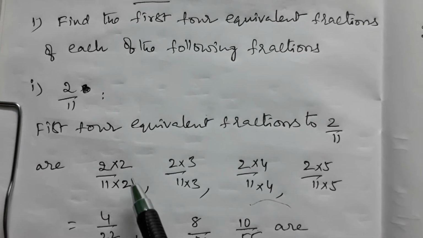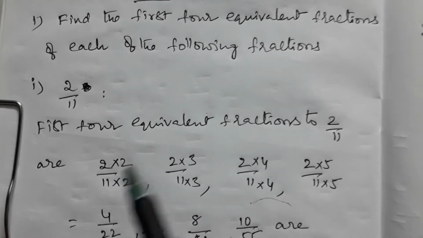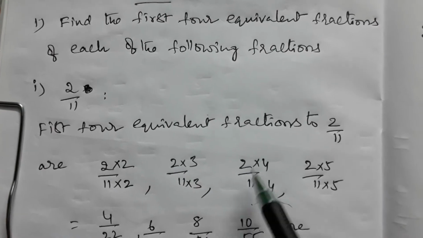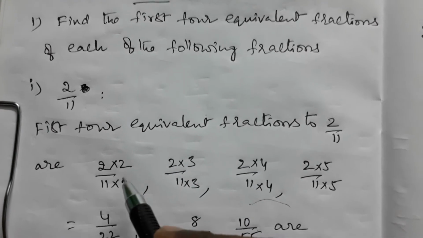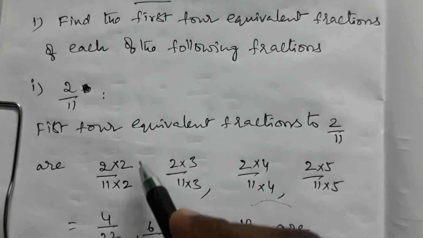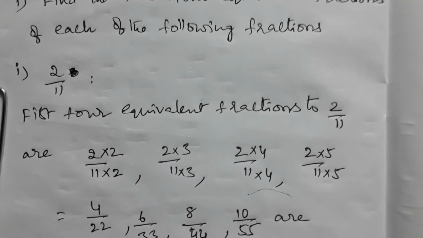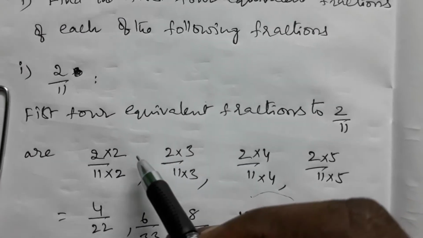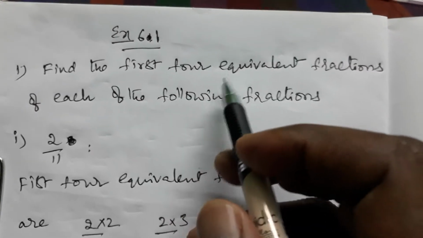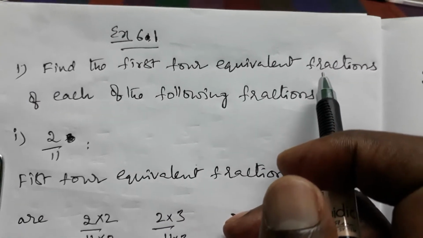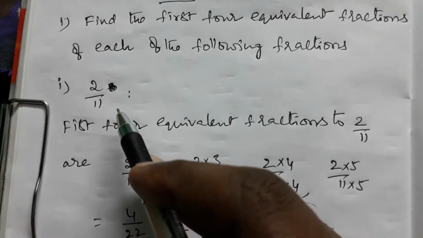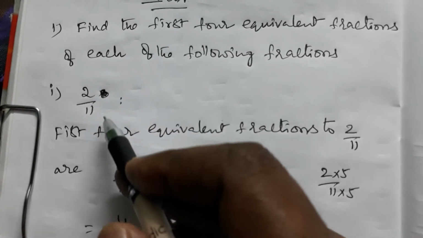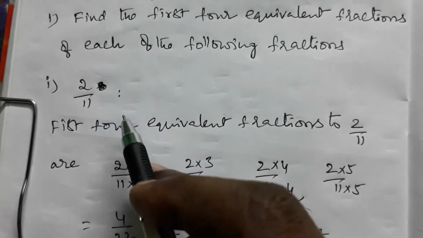But why am I taking 2 table and next 3 table and next 4 table and next 5 table? Why am I multiplying both numerator and denominator with this only 2? Here see, the question is first 4 equivalent fractions. Here if you multiply numerator with one, denominator with one, what will you get again?